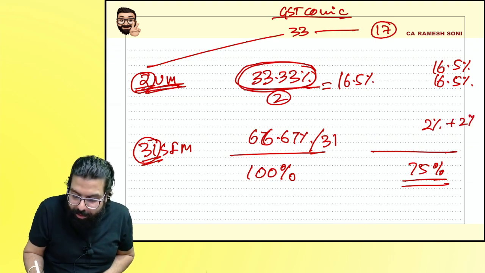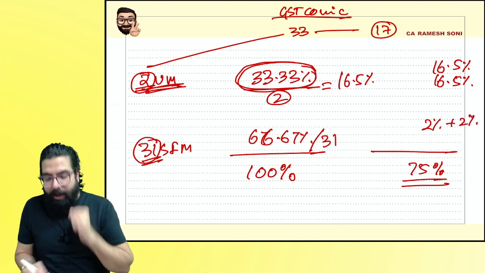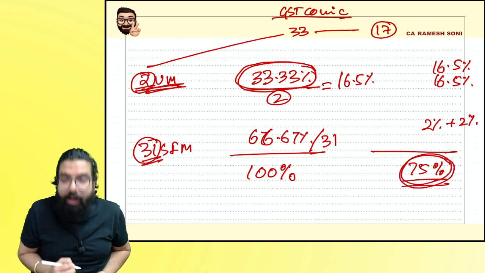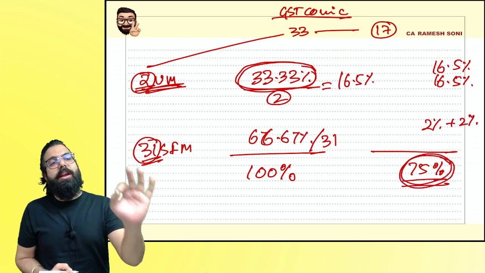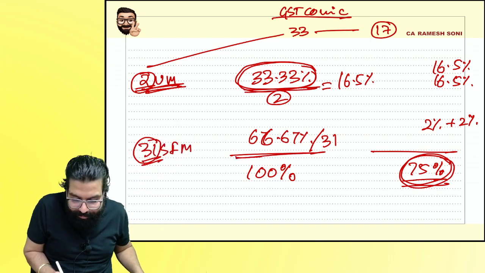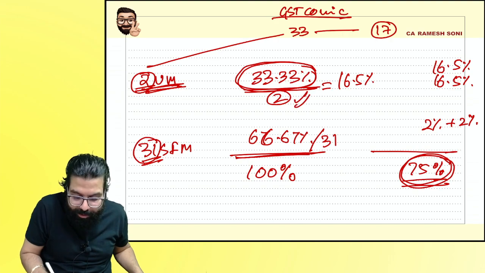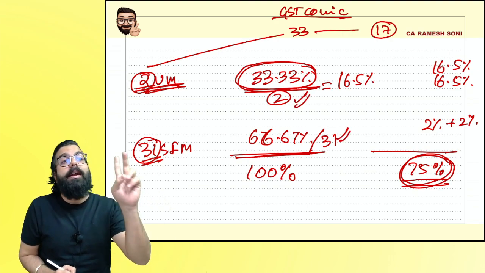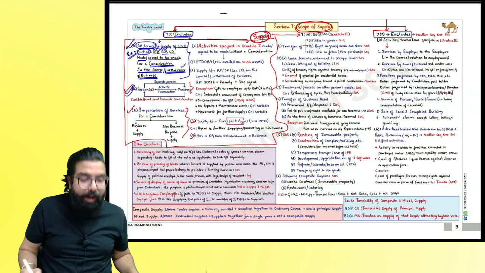Tamil Nadu told, I agree. So for any decision to be taken, how much has to be achieved, everyone? 75%. Only then can a decision be taken. And this 33% and 66.67% always has to be divided by the number of members present and voting. Can we go ahead, everyone?